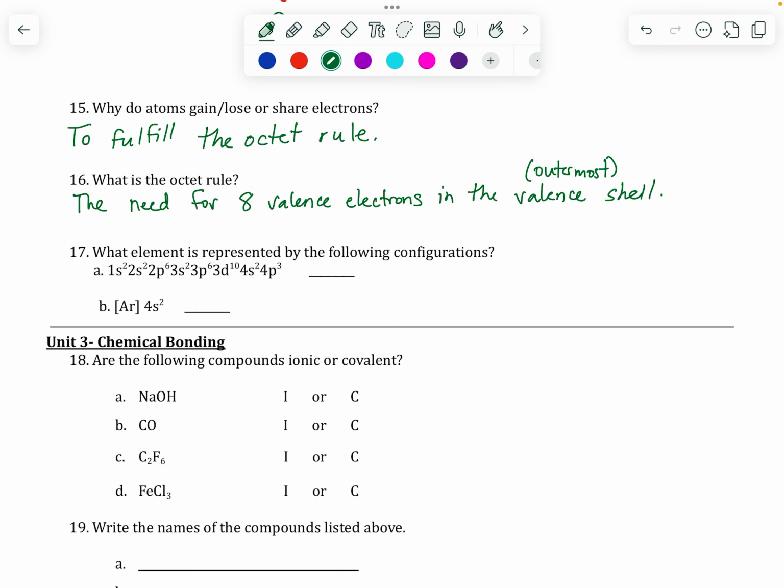What element is represented by the following configuration? So this is what I was talking about. This isn't necessarily incorrect, but I prefer, of course, for us to make sure that we put the d sublevel electrons in between the s and the p of that particular energy level. So in this case, it's the 3d in between the 4s and the 4p, just because that's the way that we had covered it in class.